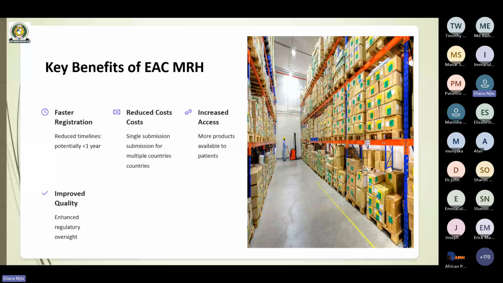There's also increased access, ensuring that there'll be medicinal products available to all patients within the region. And also through the pathway, as we said, there've been more collaborations, more capacity building, and as a result, there will be enhanced regulatory oversight.